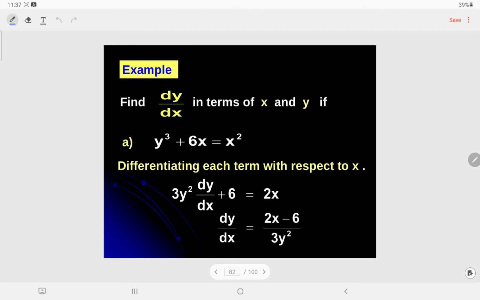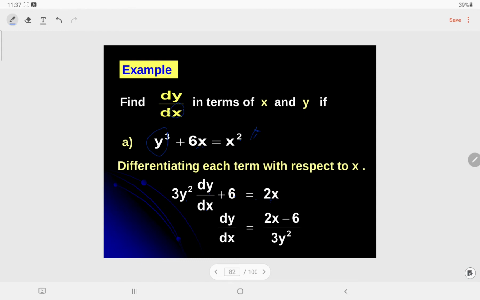Another example, find dy over dx in terms of x and y. Given this equation, we differentiate each term with respect to x. Since here it is y, we need to differentiate with respect to x: so 3y squared dy over dx plus, differentiating 6x, we get 6, and differentiating x squared, we get 2x.